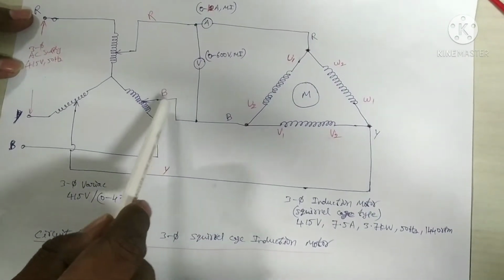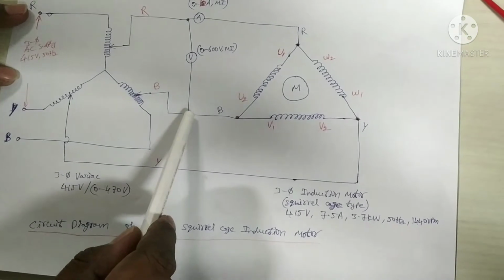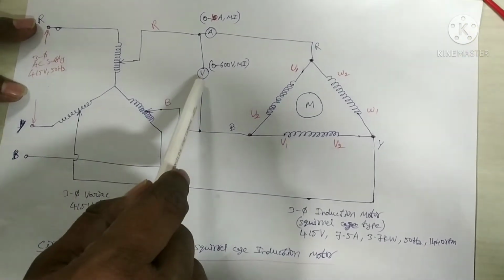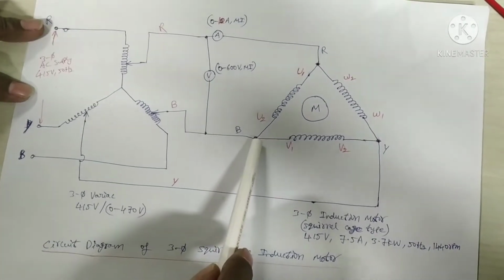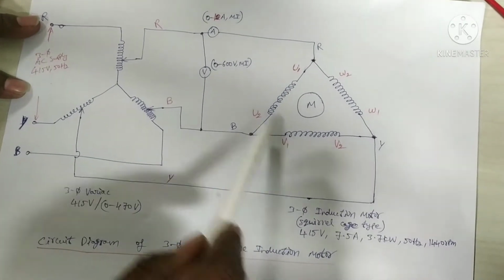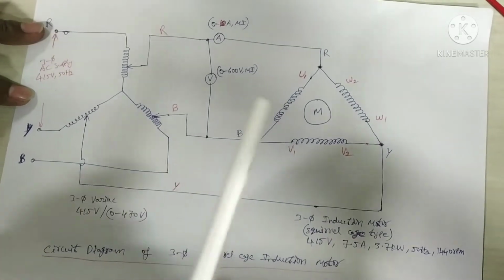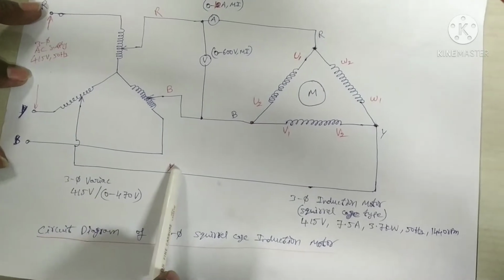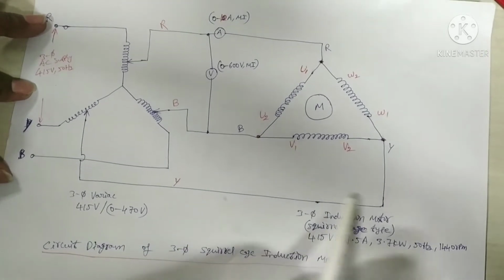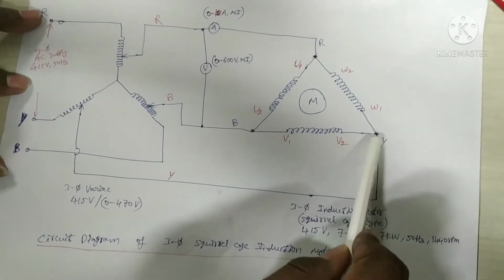Here the B wire, output of the 3-phase, one wire is connected to the voltmeter's second terminal and another wire is connected to the interconnection of V1 and U2 terminal, and output terminal Y of the 3-phase auto transformer is connected to the interconnection of V2 and W1 point.